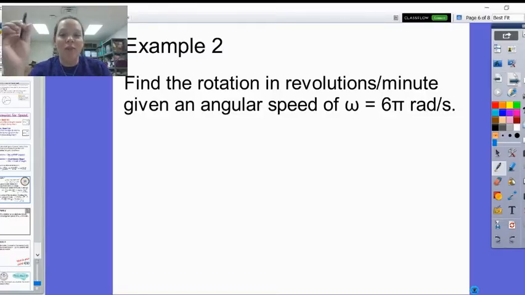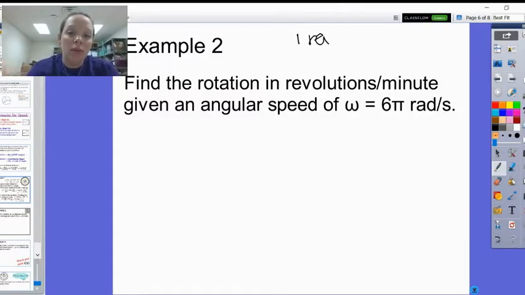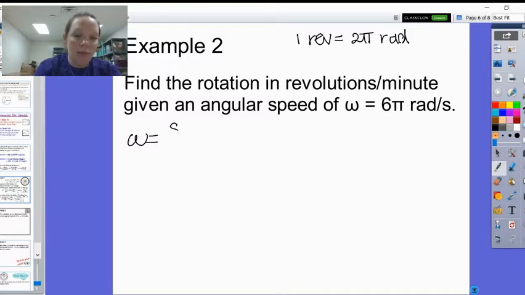Again, you know that one revolution equals 2 pi radians. So that's pretty easy math. We know that if we have 6 pi, we're going around our circle 3 times. 2 pi, 2 pi, 2 pi. So omega, which is arc length over time, equals 6 pi radians per second.